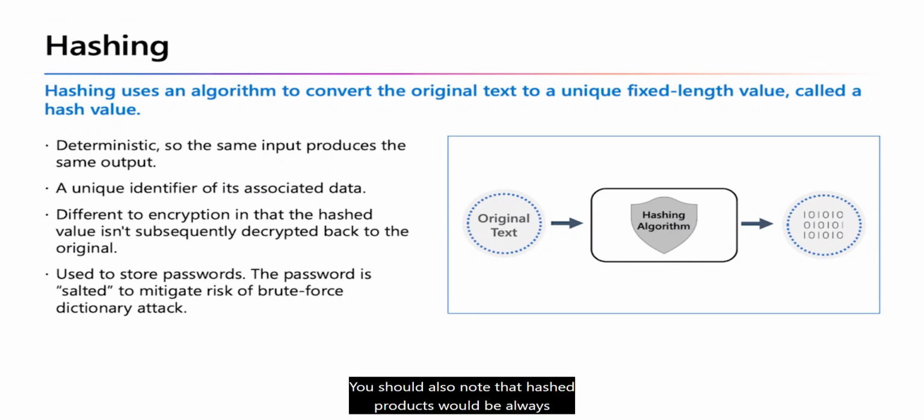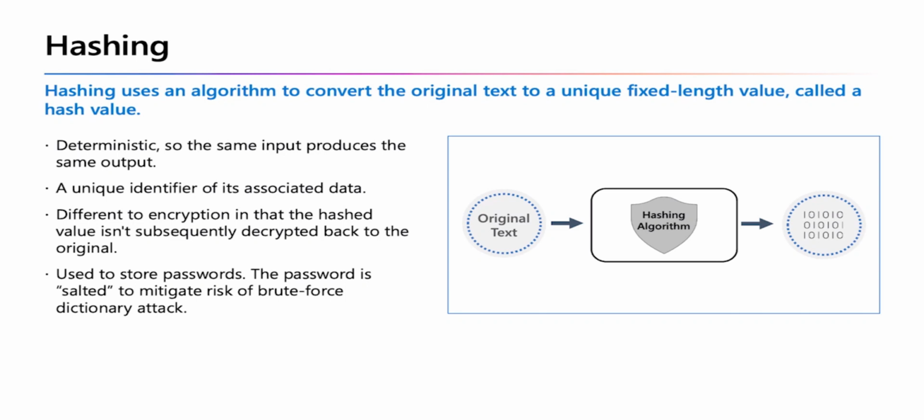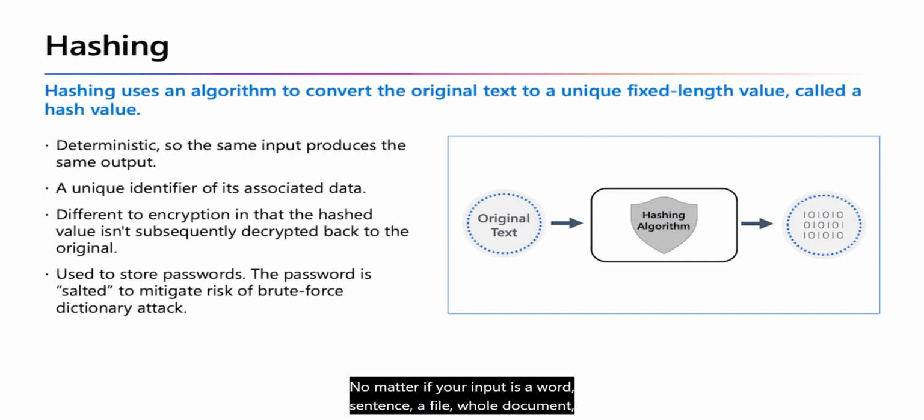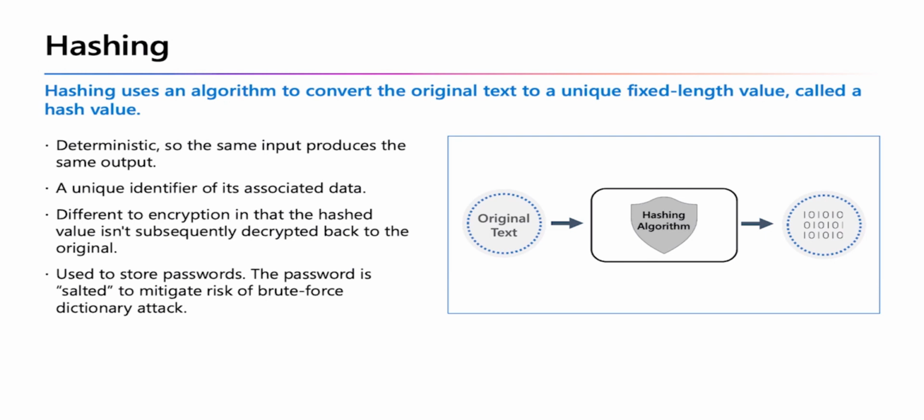You should also note that hashed products would always be a fixed value because you are using a fixed number of bits. This fixed number of bits, you are going to use them to hash the output of your data. The result will always be in a fixed value type, no matter if your input is a word, sentence, a file, a whole document. The hashing of this would always be a fixed value.